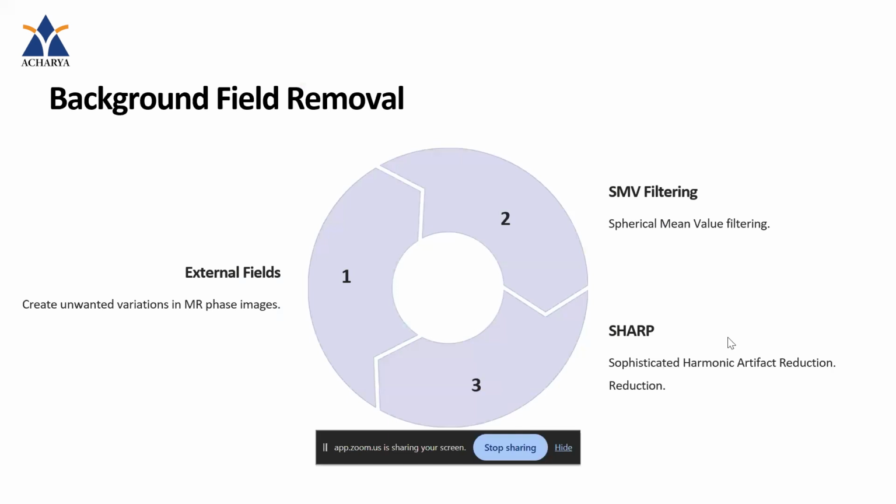Next is background field removal, the third step in the workflow. How are we getting the background field effects? In MRI, due to the presence of the external magnetic field, we get unwanted variations in MRI phase images, right?